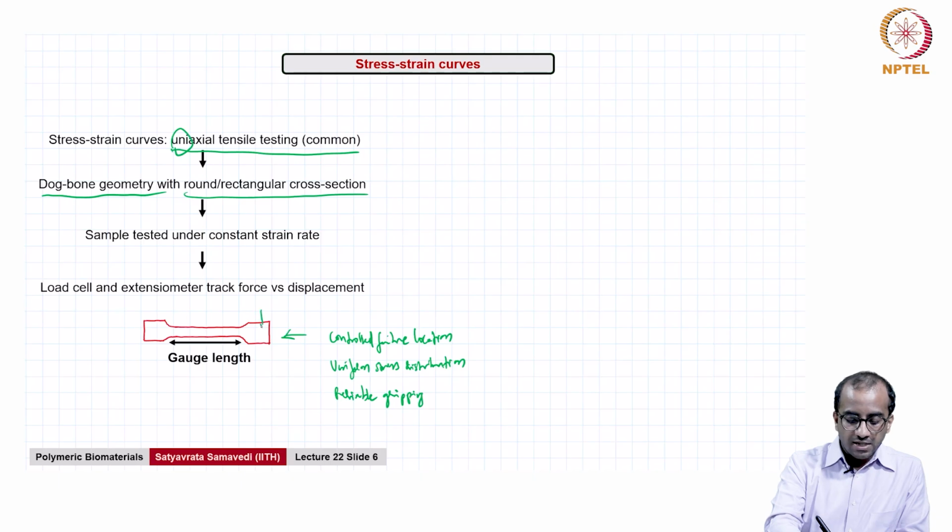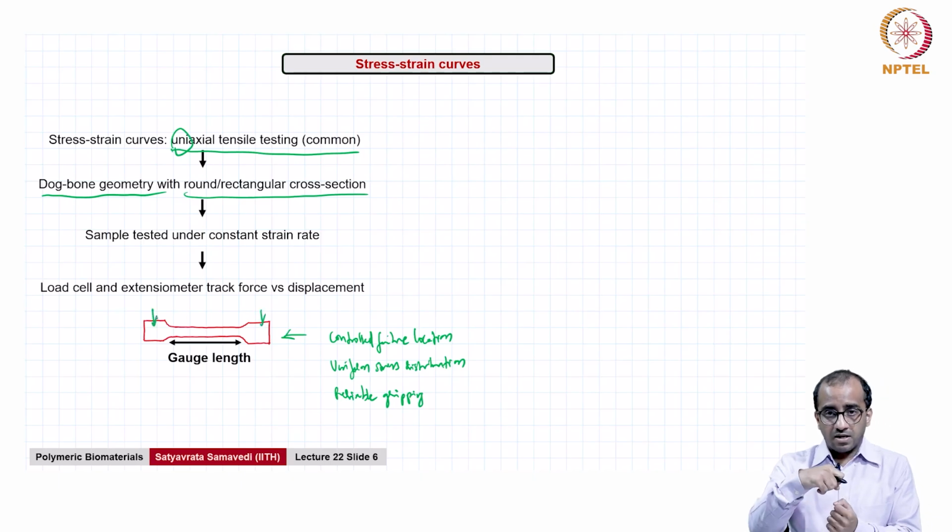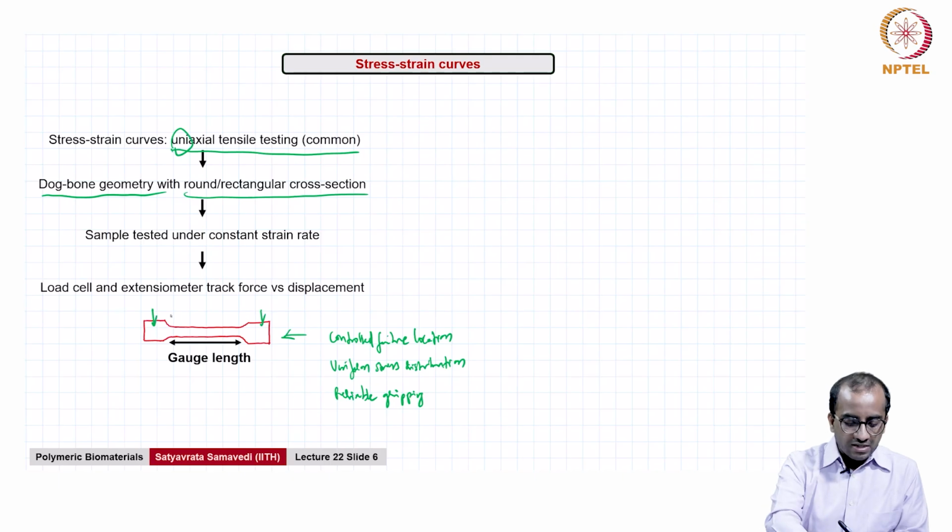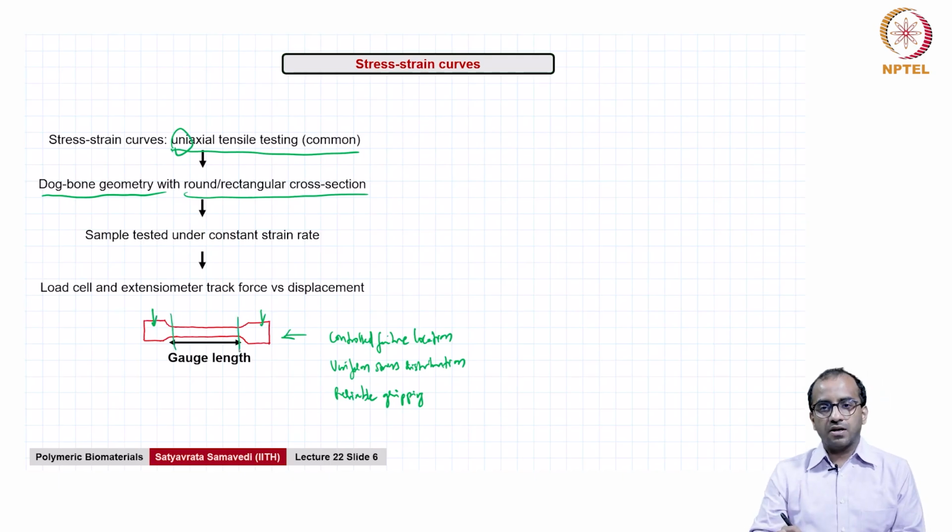So, these two ends will be gripped in the clamps on the universal testing machine, and what you are testing really is this portion, and the gauge length is what actually matters. And this all ensures uniform stress distribution and also ensures that in the interest of standardization you will have controlled failure.